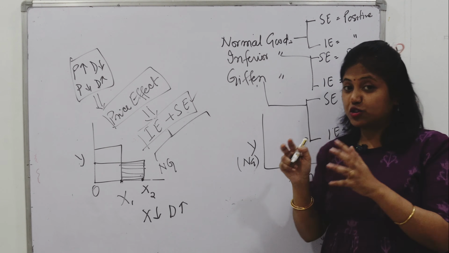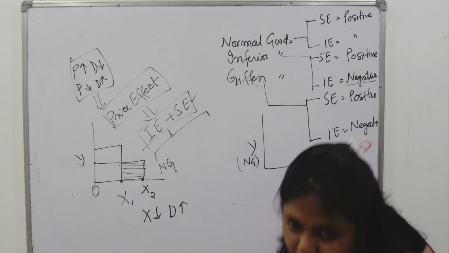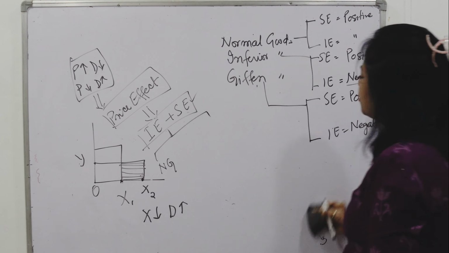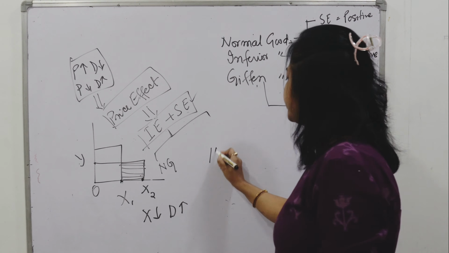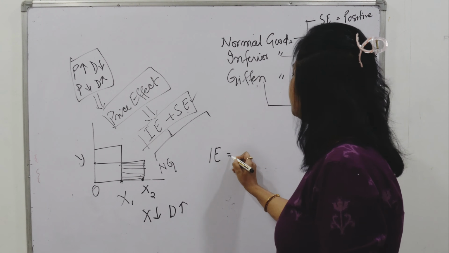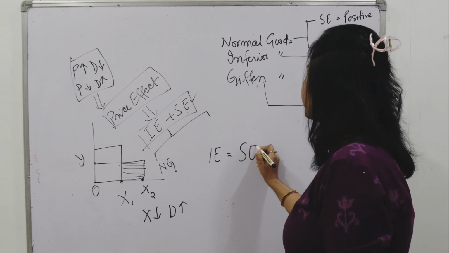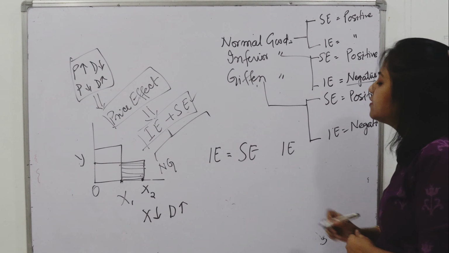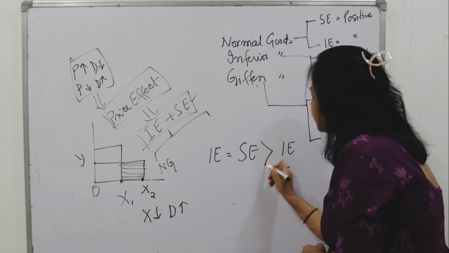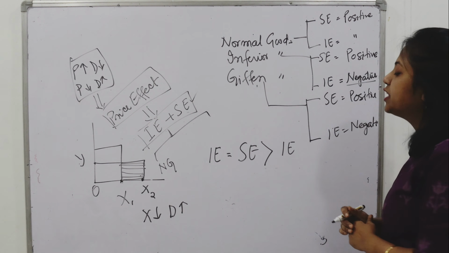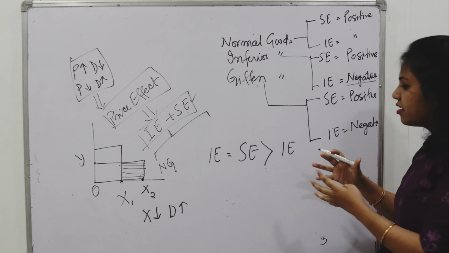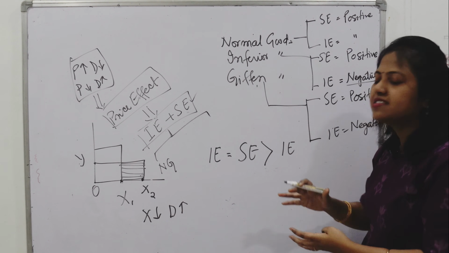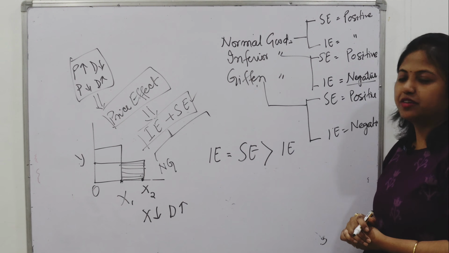Now comes the most important part, and that is the conclusion of this discussion today. In case of inferior goods, okay friends, we have the substitution effect and we have the income effect, but your substitution effect is greater than the income effect, so that in a sense it nullifies or neutralizes the income effect, right?